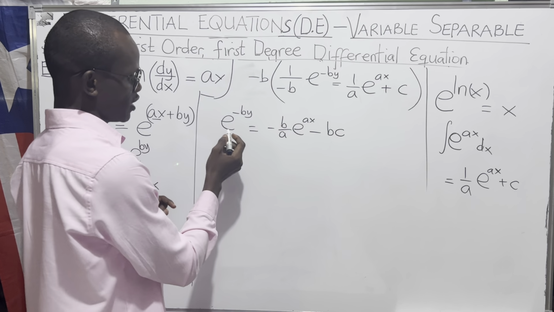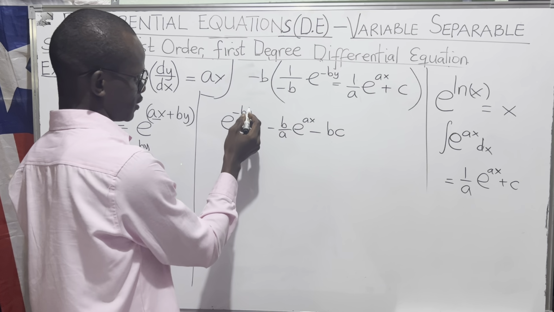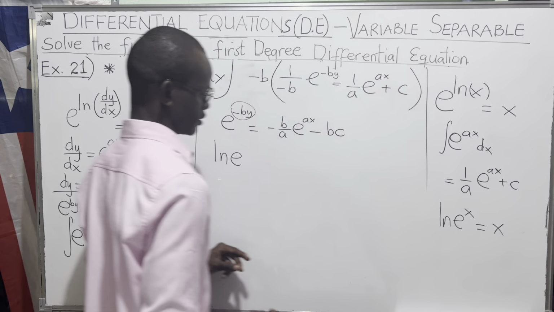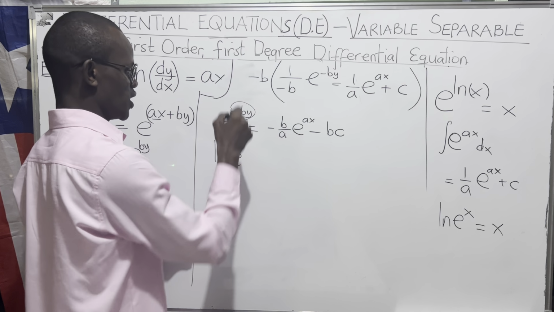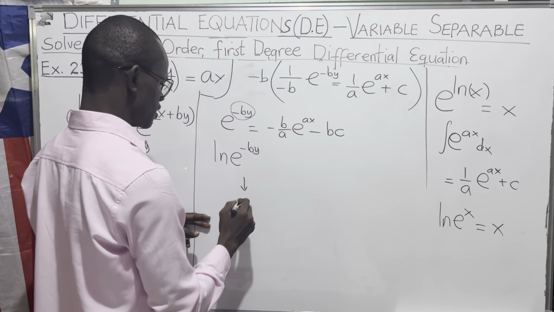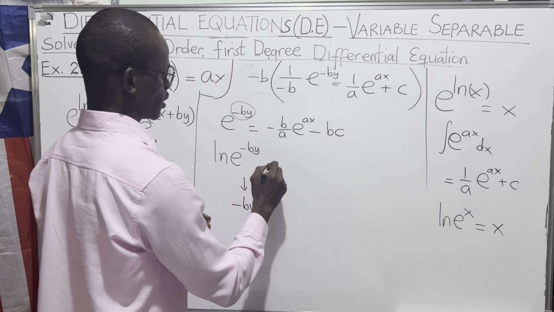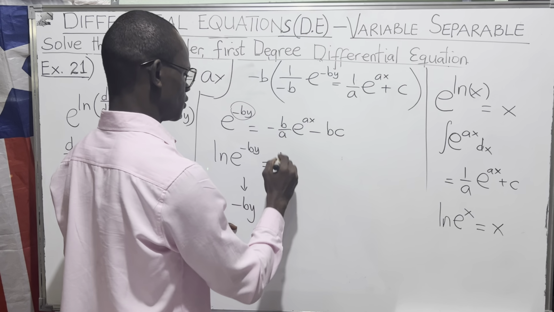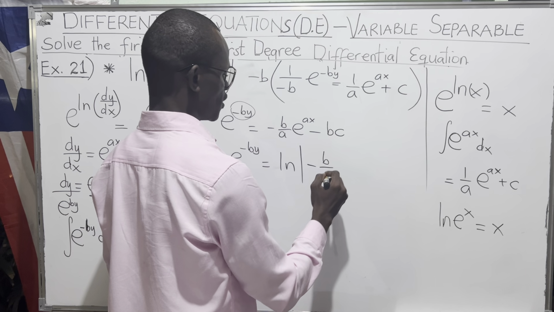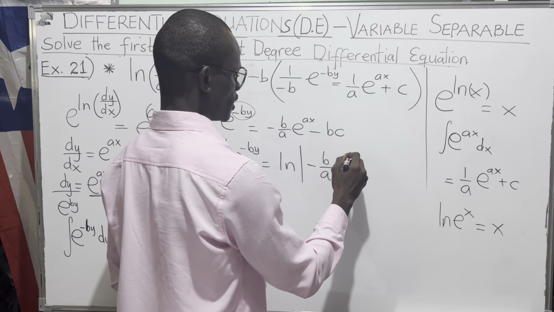Now to solve for this y, we have to take the ln on both sides, because we know that the ln of e raised to x is just equal to x. So the ln of e raised to whatever it is raised to is just equal to that particular exponent. Minus by equals ln of the entire thing, minus b over a e raised to ax.